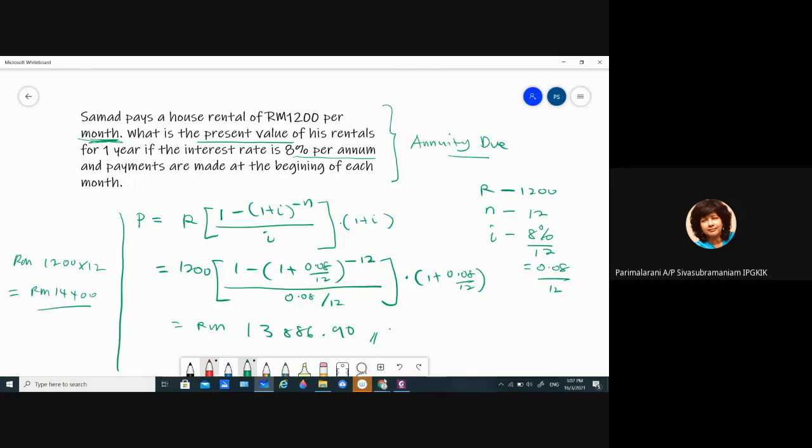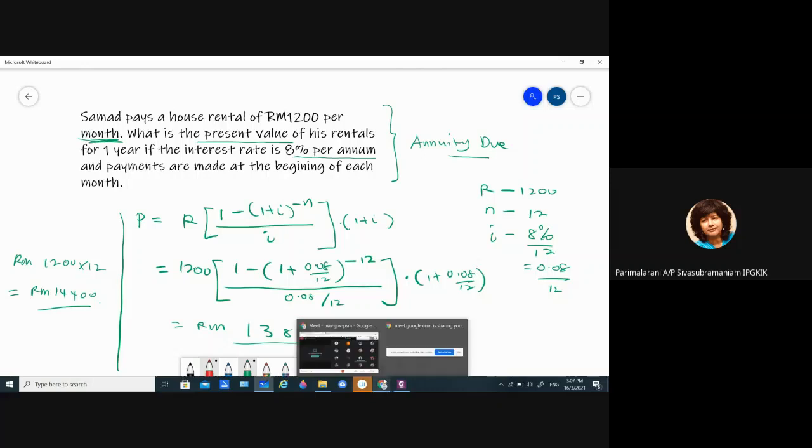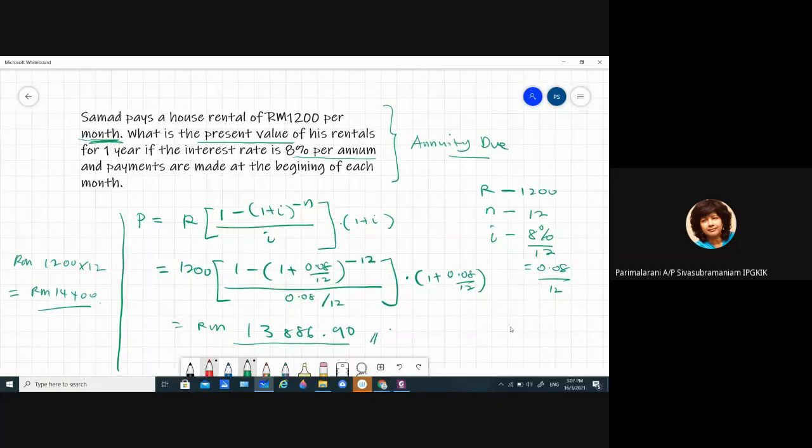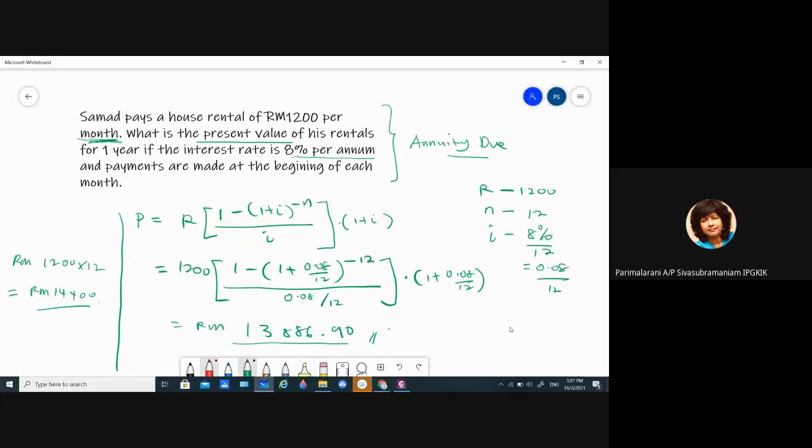14,100. Yes, correct. So this is the actual amount he's paying. But the present value today is worth this much. If he's paying this to someone, someone actually paid 14,400, but if you calculate the future value, it will be much more.